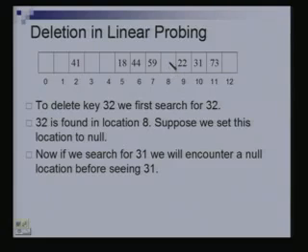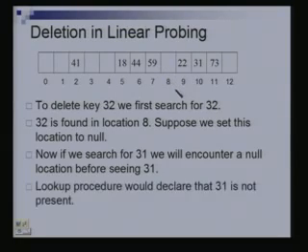So somehow we have to do something different here. We can't just set this location to null. We can't just mark this location empty. Lookup will declare that 31 is not present, which is wrong. Everyone with me?